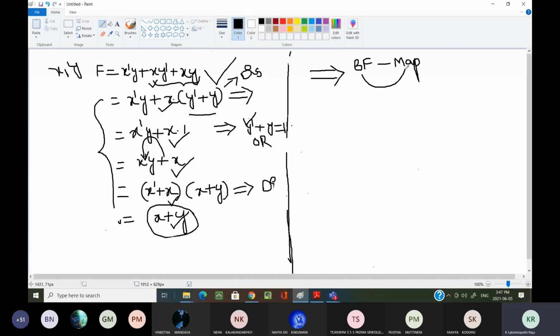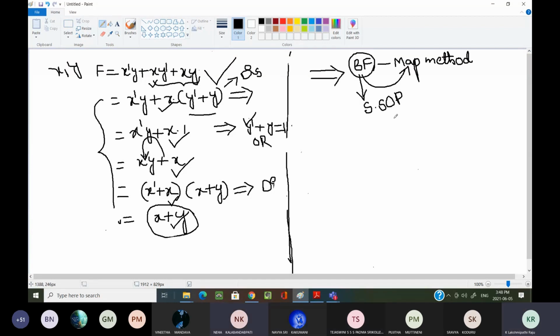While simplifying Boolean functions by using the map method, the expression should be in standard form, that is, standard SOP form. What do you mean by standard SOP?